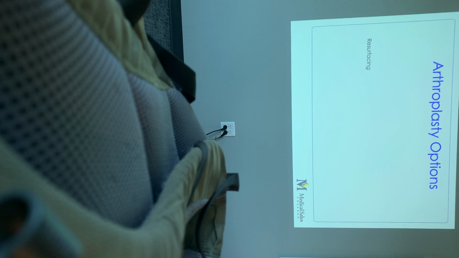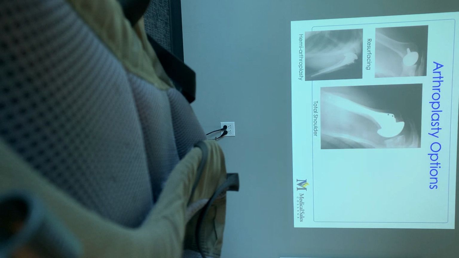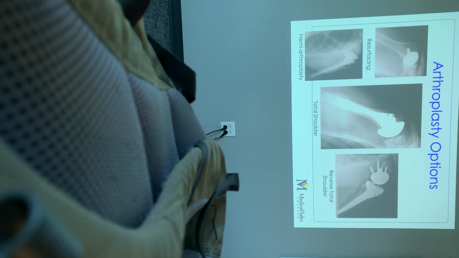So what are those systems? We have resurfacing, we have hemiarthroplasty, we have the total shoulder, and we have the reverse shoulder, right? And when you have arthropathy, more than likely you're heading this way because you have very little stability in the joint. So, resurfacing and hemiarthroplasty. Resurfacing is just resurfacing the humeral head.